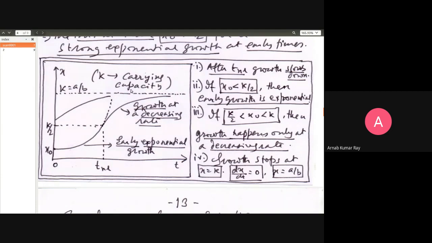This is a term that has been taken from population dynamics. How much population of a species can a certain environment or a certain ecological niche carry? What is the maximum capacity of that ecological niche to carry a population? That is known as the carrying capacity.